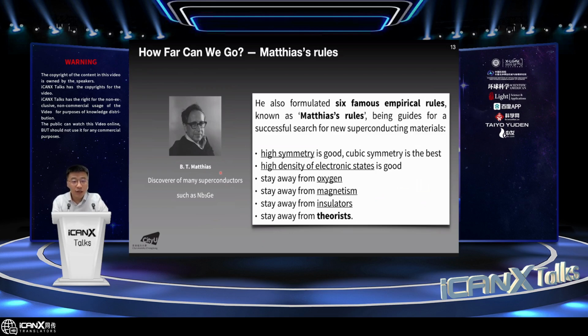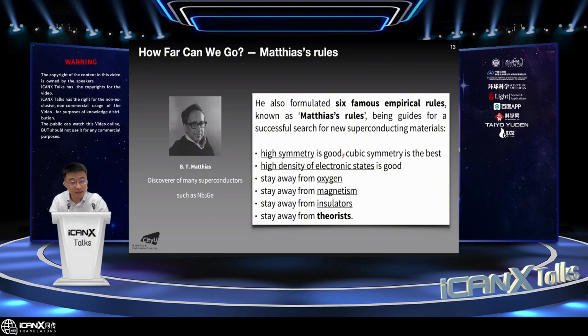So he gave this very famous set of Matthias rules from an experimentalist point of view. If you want to find good superconductors with higher temperatures, he argued that high symmetry is good, possibly cubic lattice symmetry is the best.